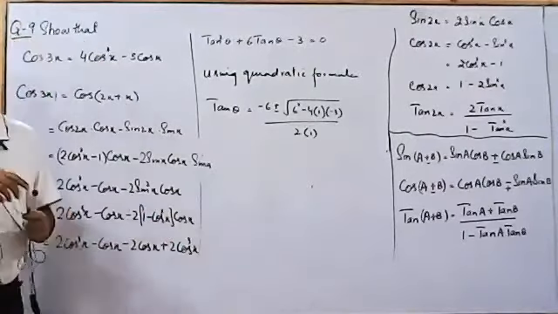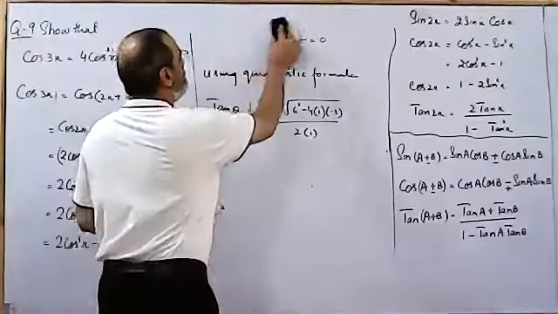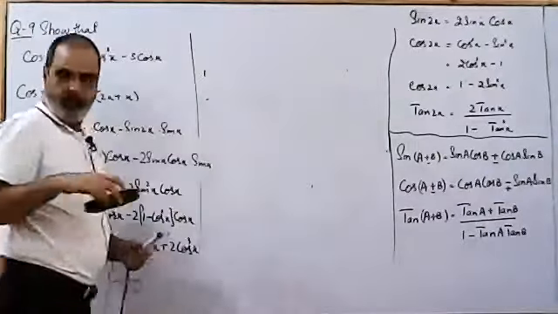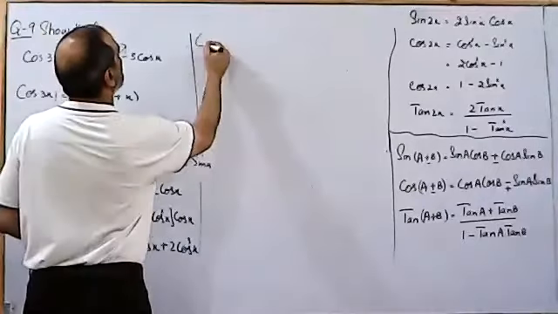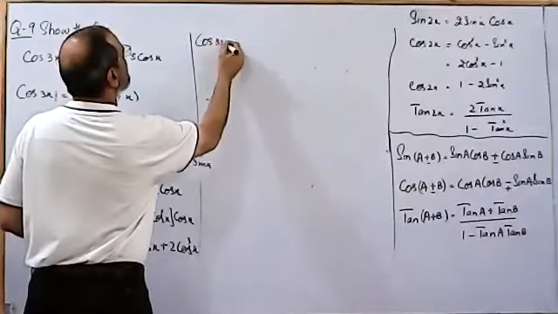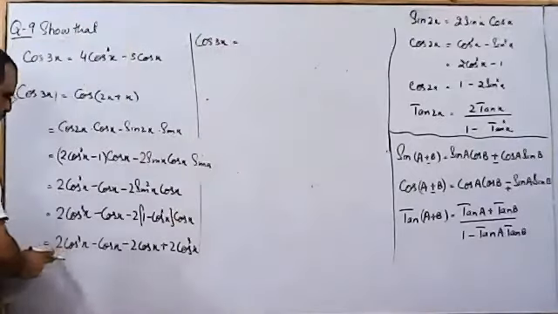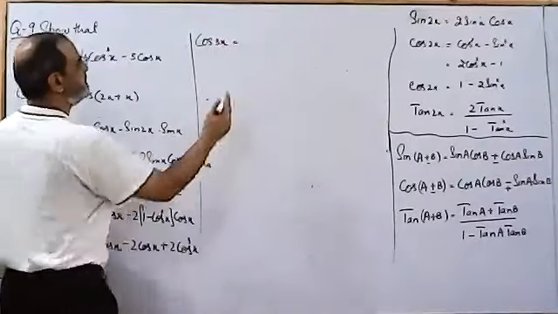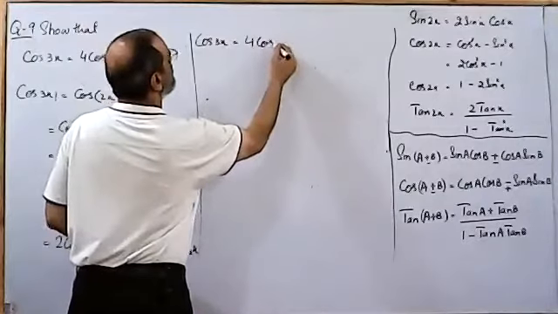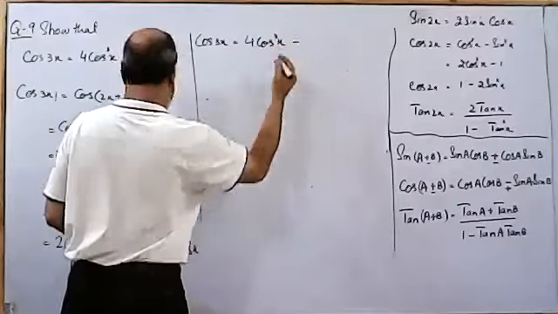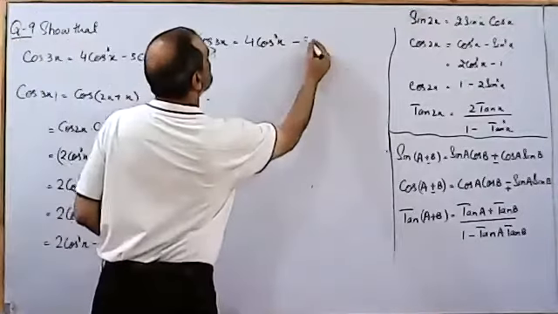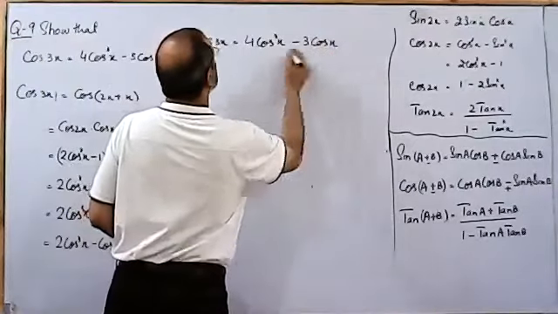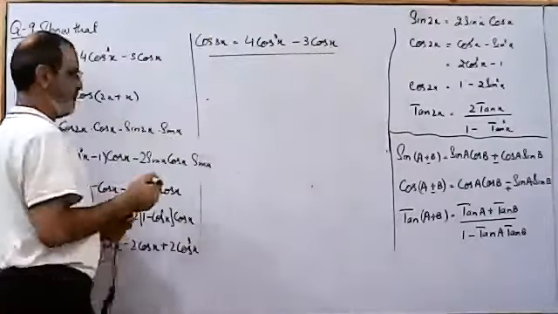So we have arrived at our answer that cos 3x is equal to 2 cos cube, 2 cos cube becomes 4 cos cube x minus cos x plus 2 cos x, 3 cos x. So that is what we had to show.